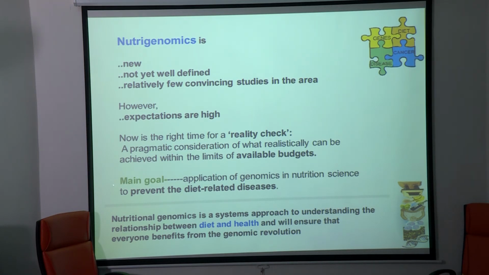So you know that if it is related to human health, it has the utmost significance in the priority charts. Nutritional genomics is a systems approach to understanding the relationship between diet and health, and this will ensure that everyone benefits from the genomic revolution. We should do this because now there is no dearth of techniques and analysis tools which are available.